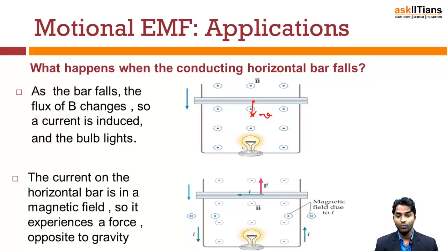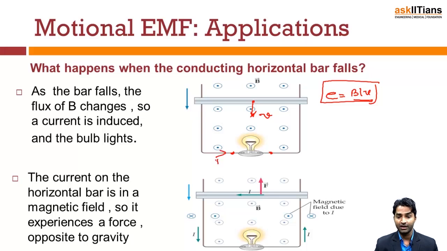Already we know that we want some potential across this bulb. This can be produced due to the motional EMF, that is E, equal to BLV, the induced EMF. So we can say this is the EMF supplied to this bulb.